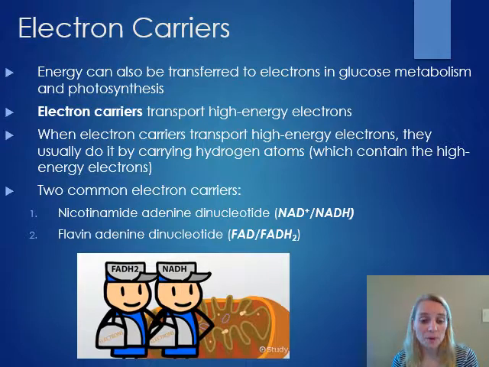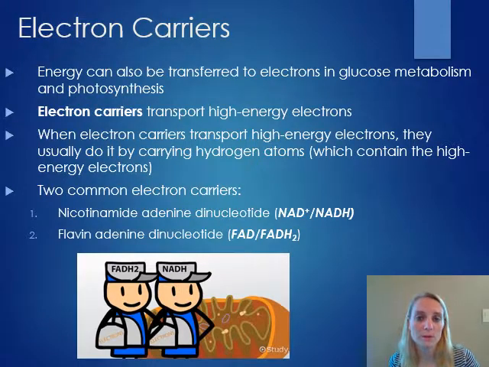So two common electron carriers that you're going to be seeing: one's called nicotinamide adenine dinucleotide. You don't have to know that full name, but we're going to be seeing it as NAD+, and then its energized form called NADH when it's actually holding on to those electrons. The other one is called flavin adenine dinucleotide, but again, we're not going to ever call it those names.